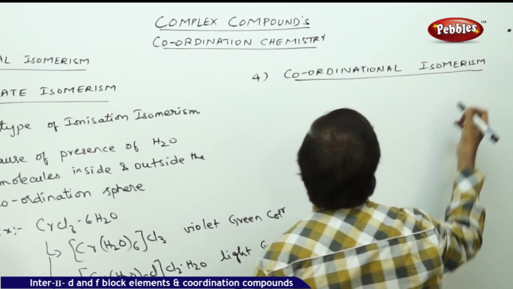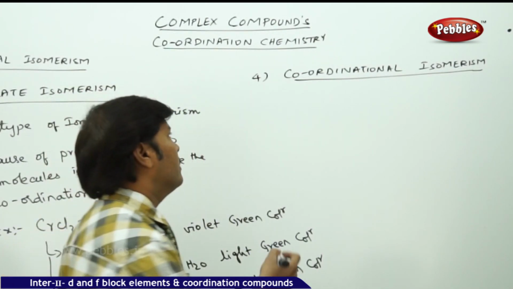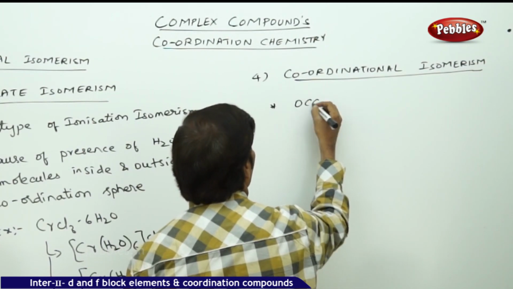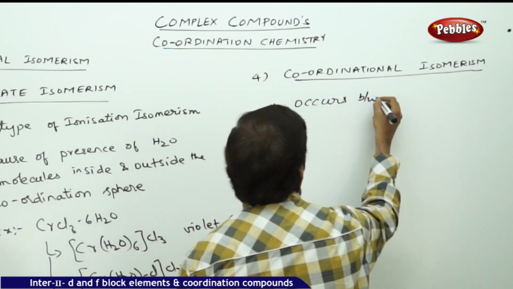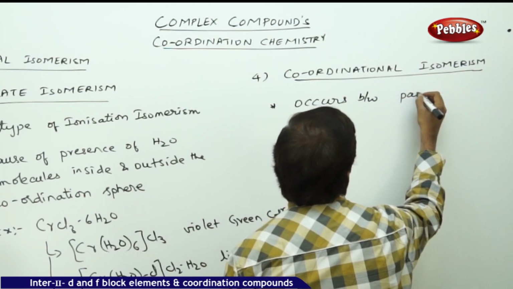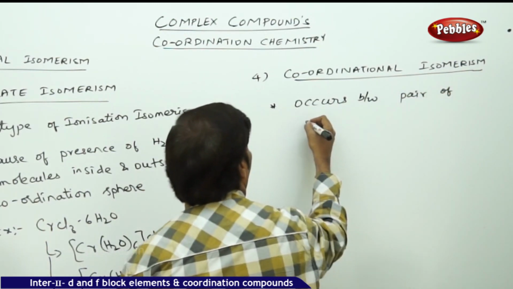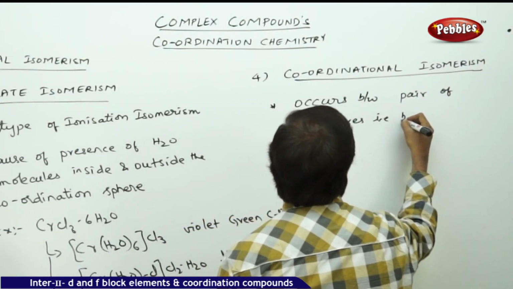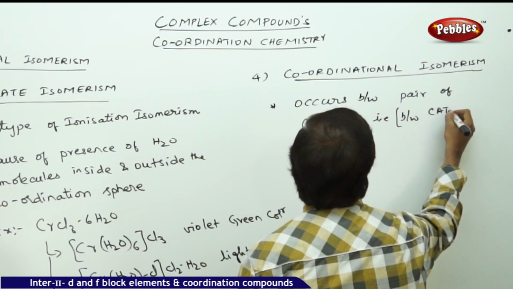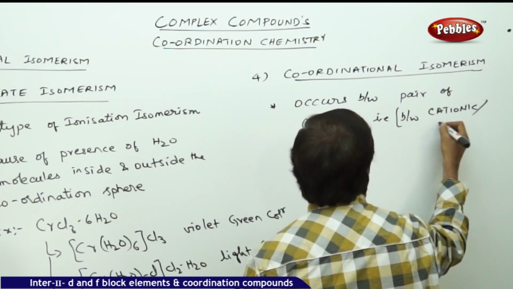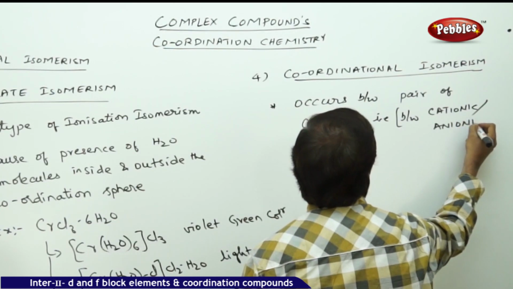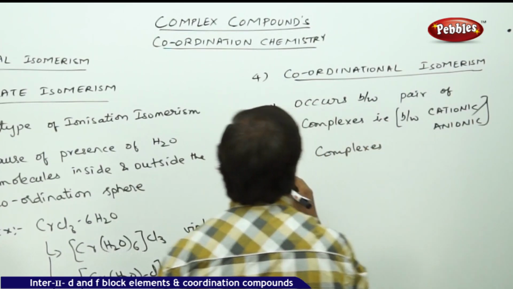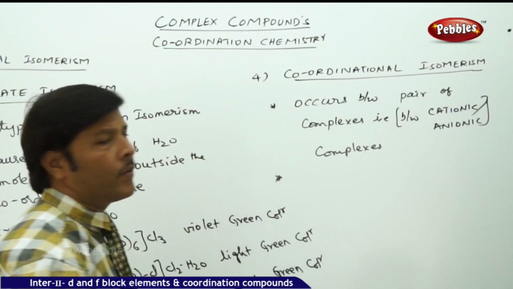In coordinational isomerism, the first important point is that this coordinational isomerism always occurs between a pair of complexes, that is between cationic and anionic complexes. What is the principle involved in coordinational isomerism?